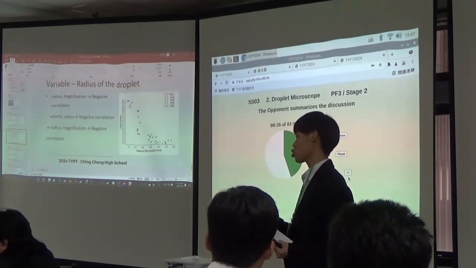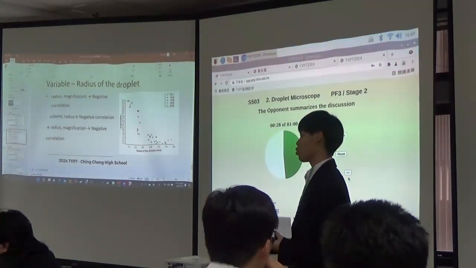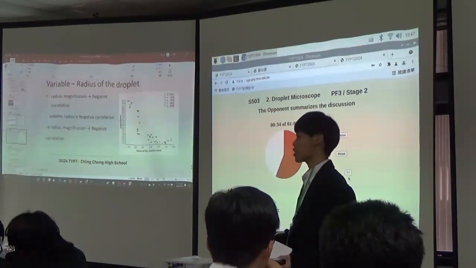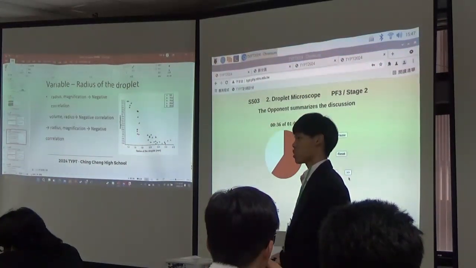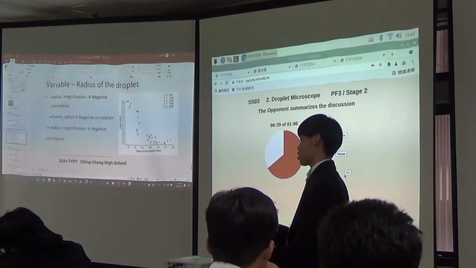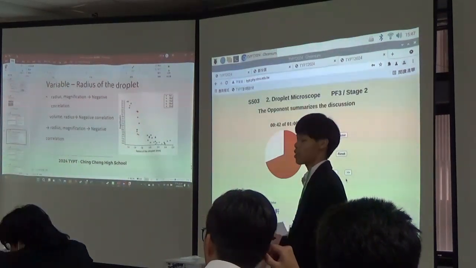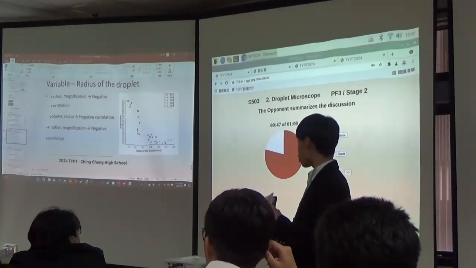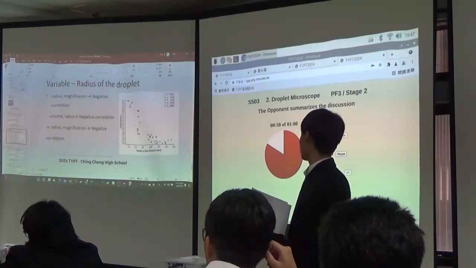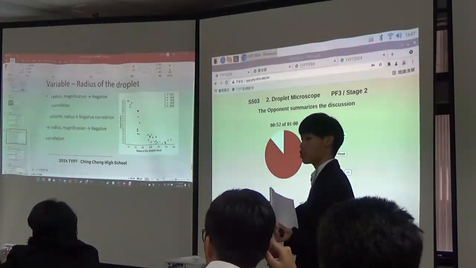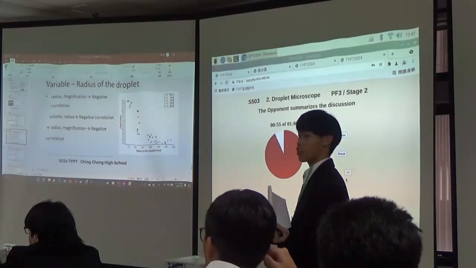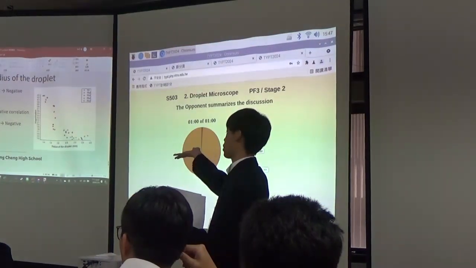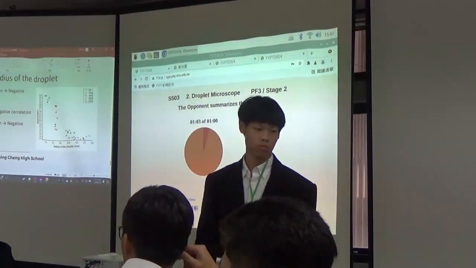We also talked about the curvature of the droplets and how the focal lengths correlate to the resolution, but they say the focal length is divided, so there is no relation between the focal length and resolution. Then we talked about why the same volumes of water cause different magnification, and they said there's no clear explanation for that. So I think there's some room for improvement for accuracy. Thank you for listening.